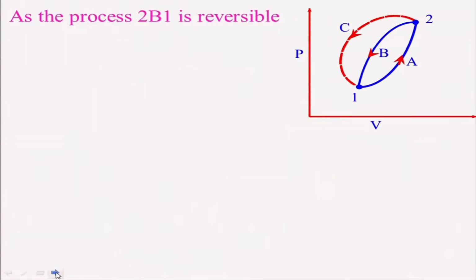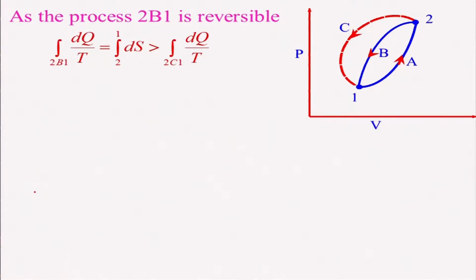As the process 2B1 is reversible, therefore the change in entropy for the path 1 to 2 is greater than dq by T for the path 2C1. We are just restating because this is reversible, so I can say dq by T is nothing but the entropy change.